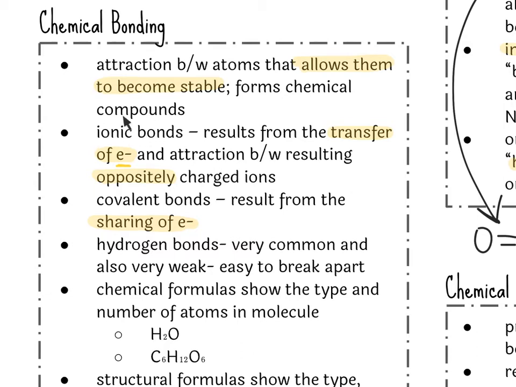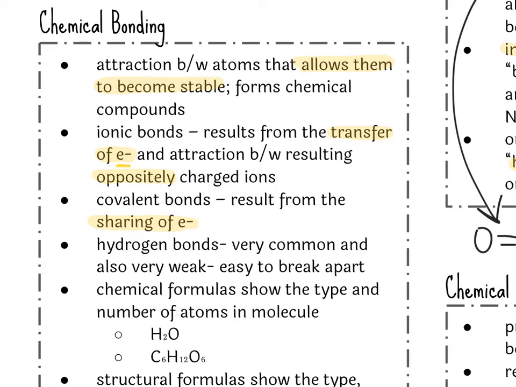So up here on ionic bonds, it's a transfer of electrons. So one element will lose their electrons, the other one will completely gain them. But here on covalent bonds, they're just sharing them. They're both connected to those electrons, but the original one still has them.